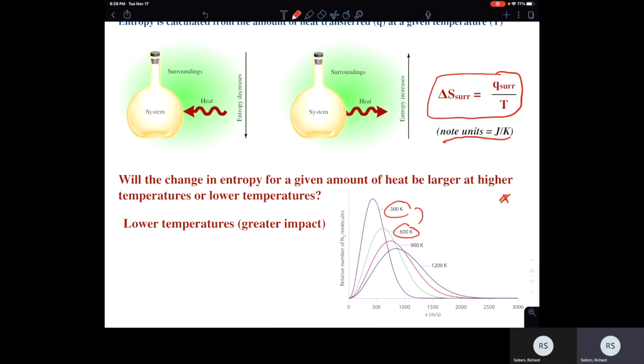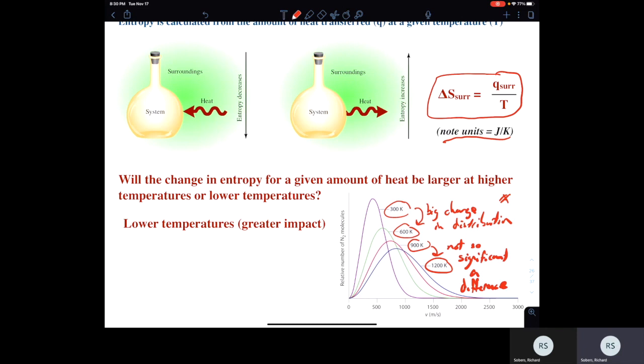So if you go from 300 to 600, there's a big change in distribution. But if you go from 900 to 1200, look at the two distributions. Not so significant a difference.